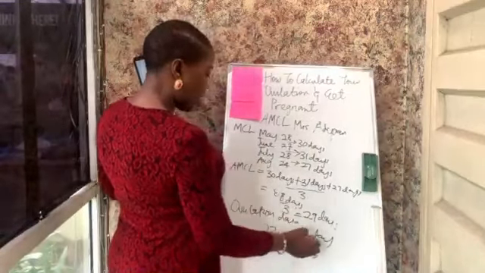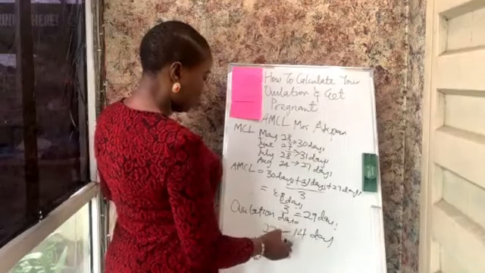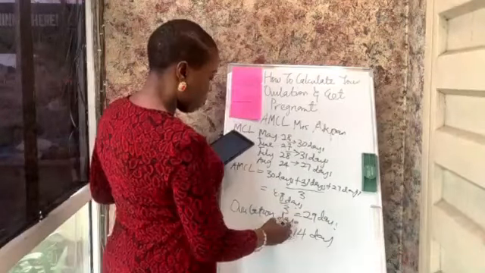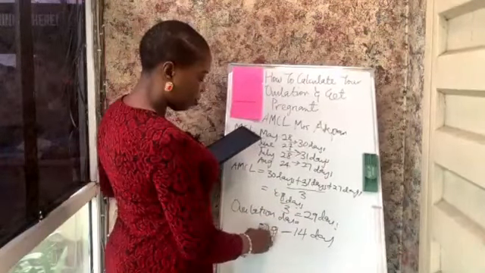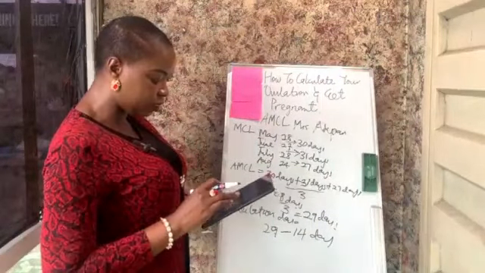So it's 22nd minus 14. Mrs. Akpan, sorry, darling. 22nd minus 14. Or rather, 29 minus 14. Let's look at that.